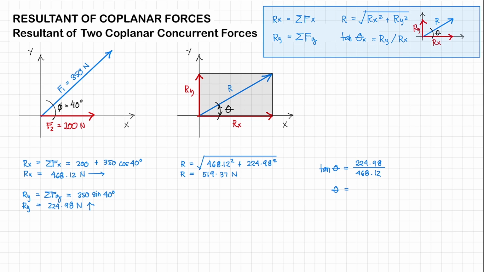Our angle theta would be equal to arctangent of 224.98 divided by 468.12, and that is going to be equal to 25.67 degrees. All right, so that's our solution. So this is going to be our resultant, and this is going to be its angle.